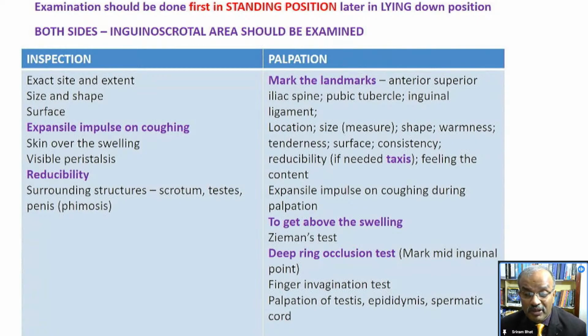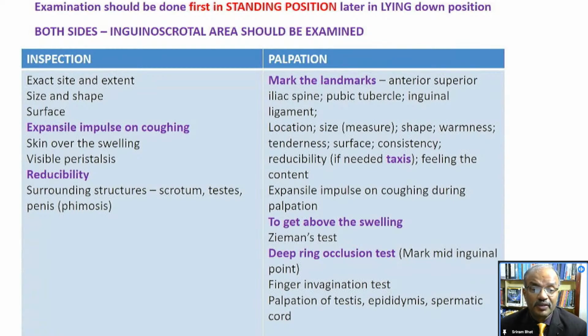Then, if the content appears with the occluded ring, that means it is a direct hernia. If the content doesn't appear, then release the thumb, ask the patient to cough, and if the content appears, that means it is an indirect hernia. So the deep ring occlusion test is the most important test for inguinal hernia.